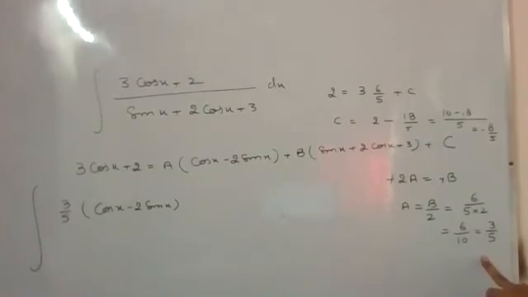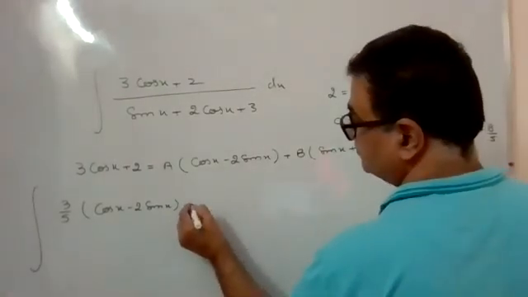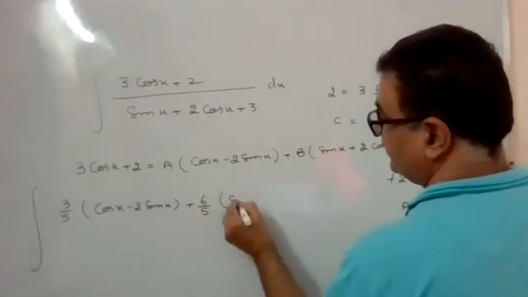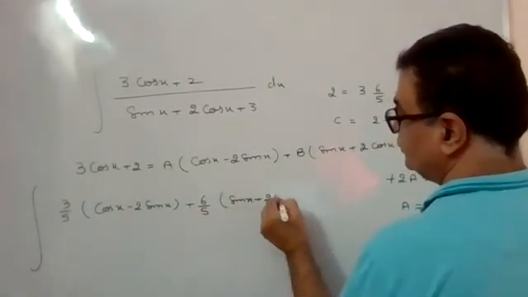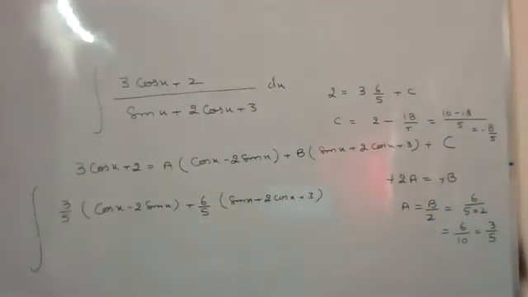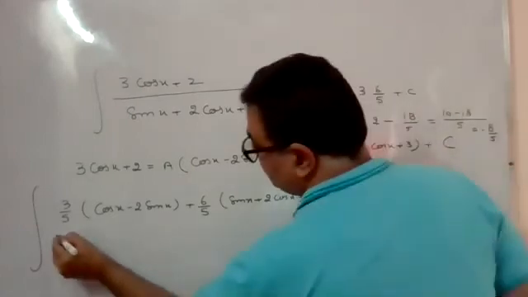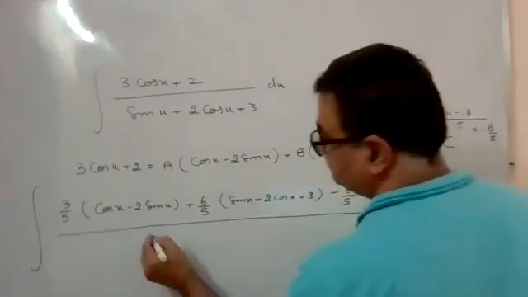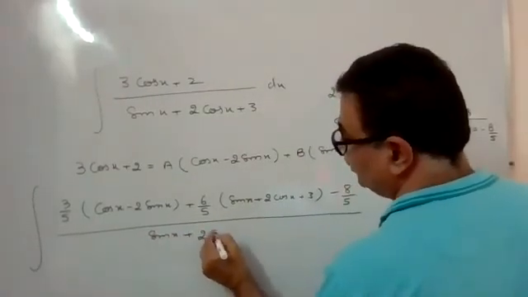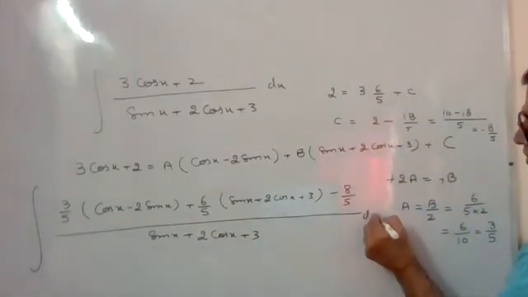B is 6 by 5 times the denominator, that is sin x plus 2 cos x plus 3. And that plus C, that is minus 8 by 5. Whole divided by sin x plus 2 cos x plus 3 into dx.